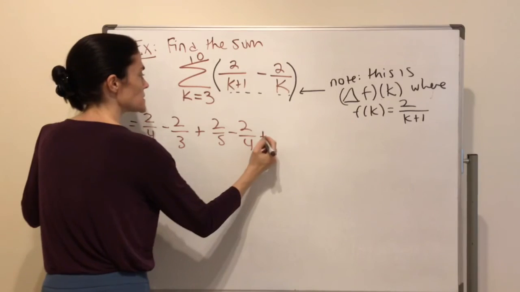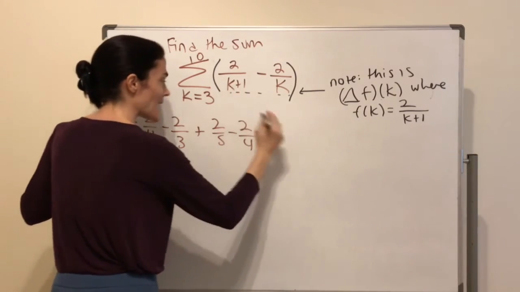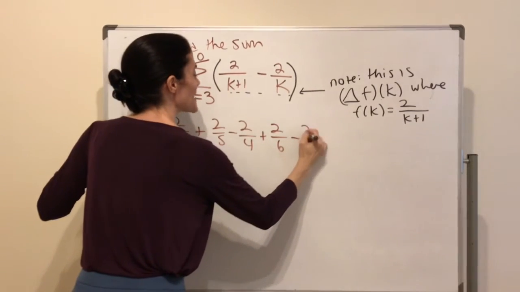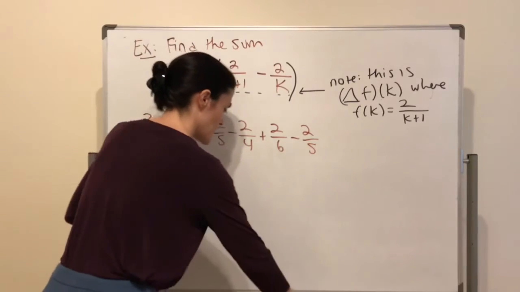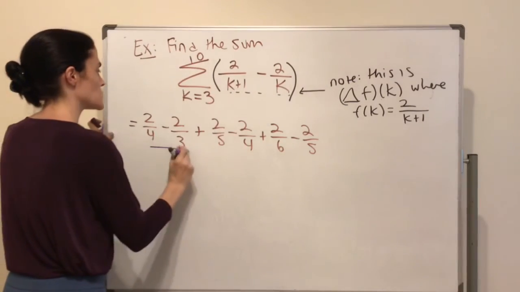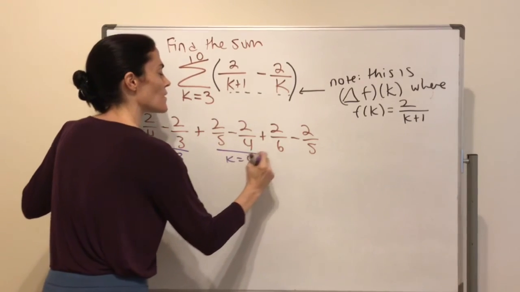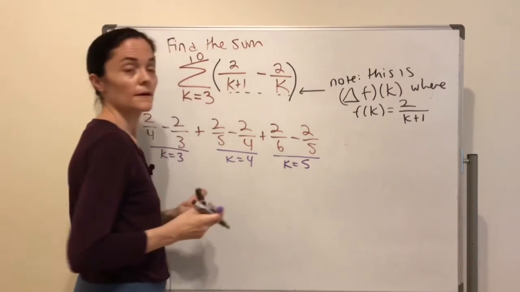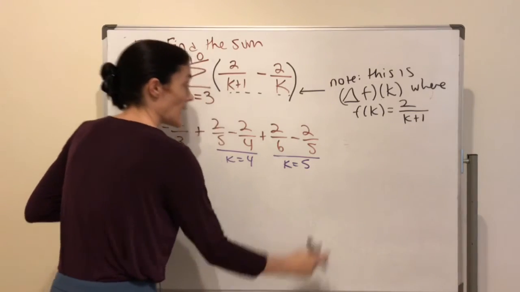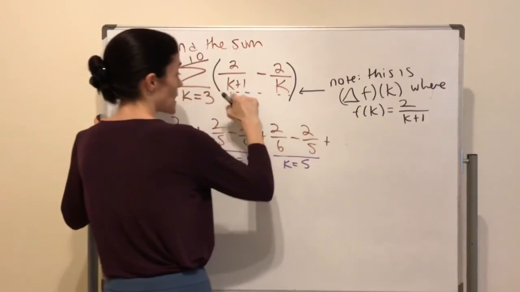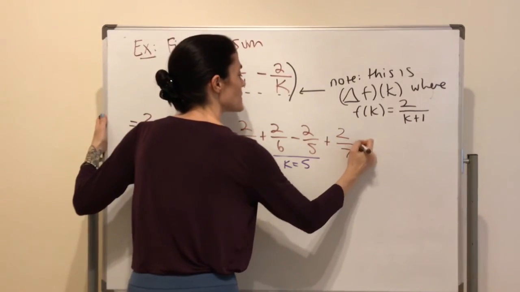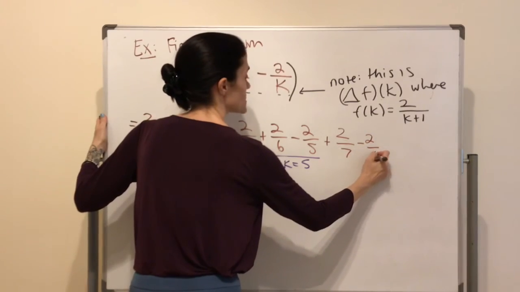When k equals 5, we have 2 over 6 minus 2 over 5. Maybe I should be writing these. This was k equals 3, k equals 4, k equals 5, and we'll do one more. K equals 6, we get 2 over 7 minus 2 over 6.